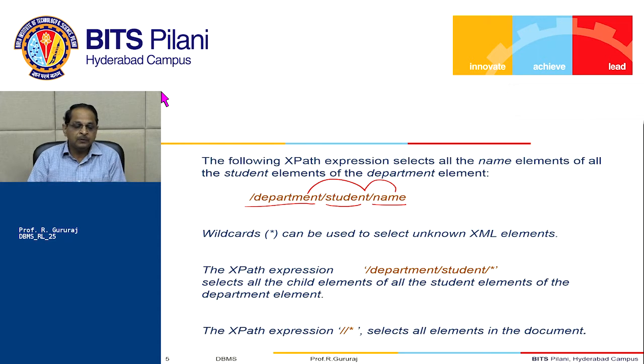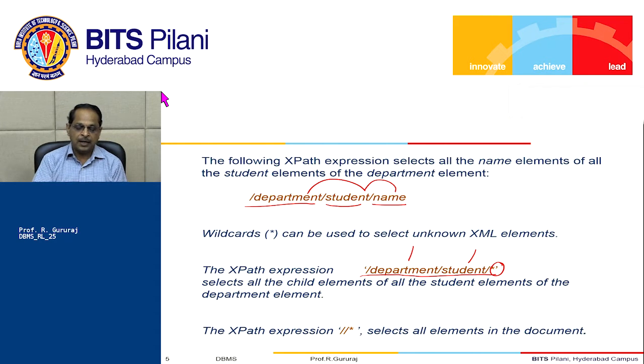We can also use wildcards, that is the star, used to select unknown XML elements. If you look at this XPath expression, under department, under student, star, meaning that give me all the elements. Star is a wildcard, and it indicates all the elements which are children of the student element, which is under department, should be displayed.